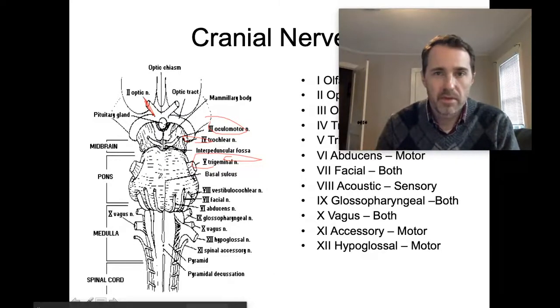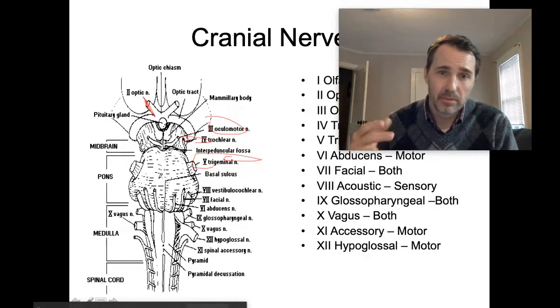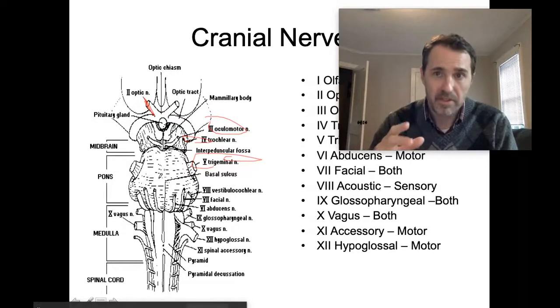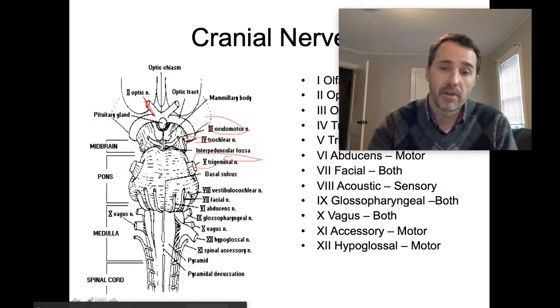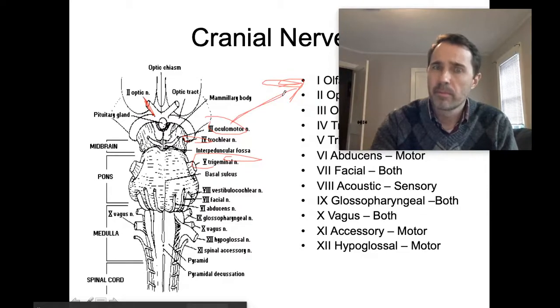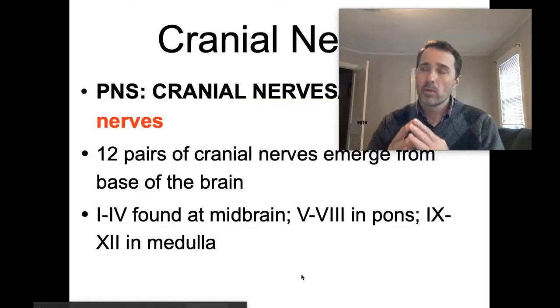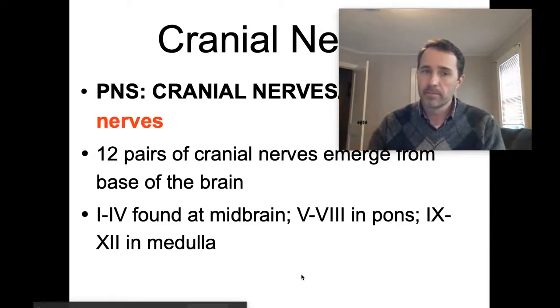So the cranial nerves are numbered in the order at which they connect to the nervous system from superior to inferior. So looking at this list here, I know that the olfactory is the superior most cranial nerve in the body, and I also know that the hypoglossal is the inferior most. Your cranial nerves are paired nerves, meaning you have a right and a left.